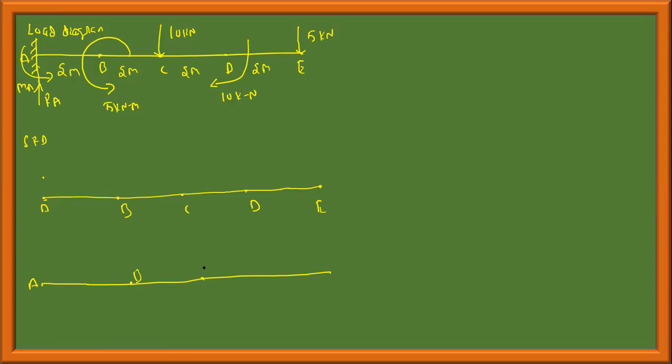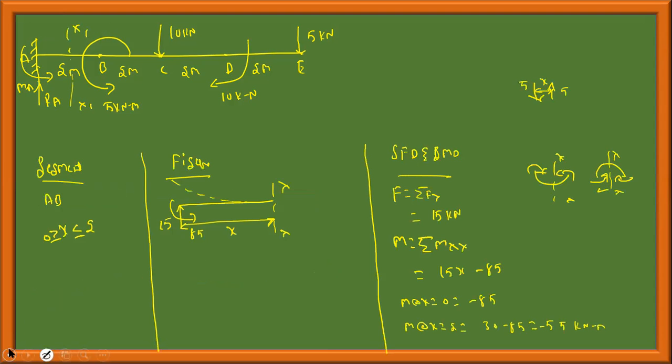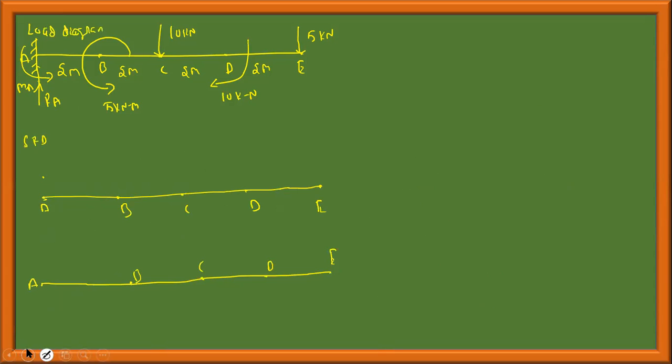Maximum bending moment is where the shear force is 0, when the shear force curve crosses the beam axis, that is this line. That is the point where shear force is 0. Equate that equation to 0 and get the distance from the left hand support, as in our case. Okay, shear force F is 15 kilonewton constant, there is no load.